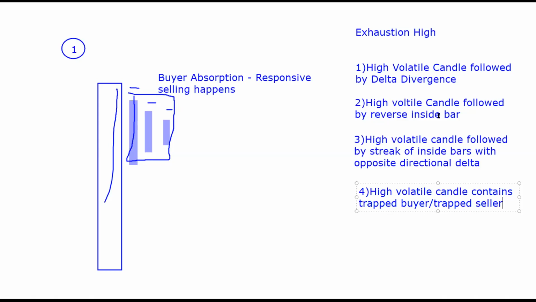A regular trader who mostly depends on indicators alone is not going to make a decision there, because it's pretty tough to decide based only on indicators. But if you have the real buyers and sellers, and you know their behavior after a high volatile candle, and you're able to spot an exhaustion high, that's a pretty interesting zone to watch out for.